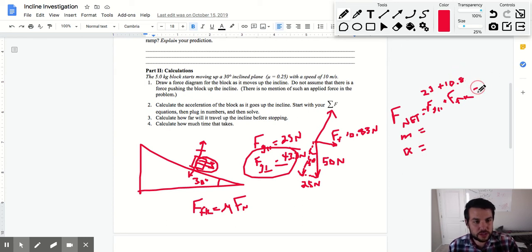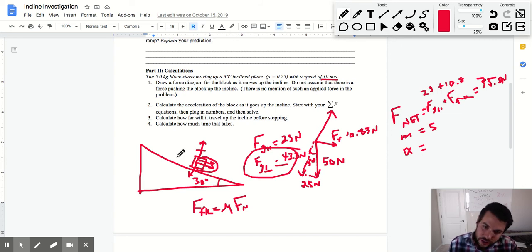So my net force is 35.8 newtons. Now, my mass is 5. That means my acceleration, so if my speed is 10 meters per second, I'm going to say that up the ramp is the positive direction.